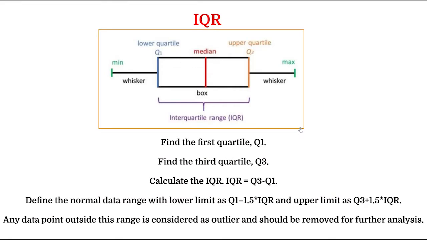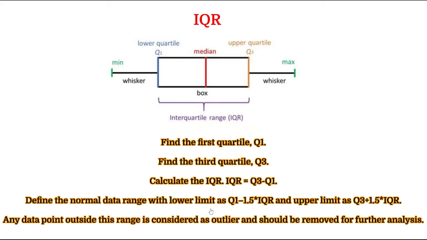We need to define the normal data range with the lower limit as Q1 minus 1.5 times IQR and the upper limit as Q3 plus 1.5 times IQR.